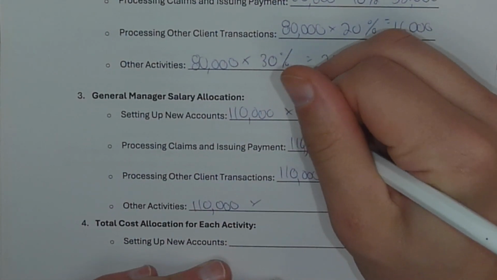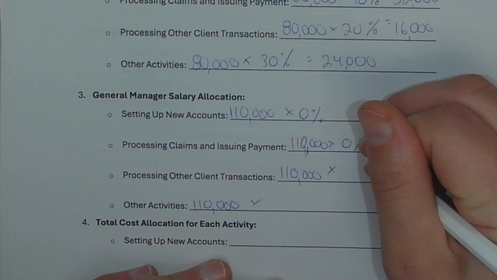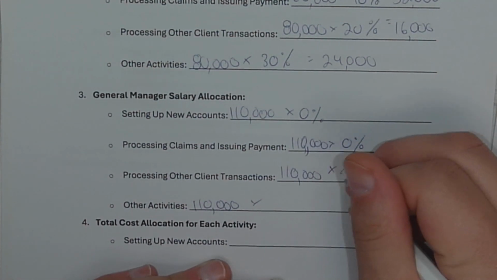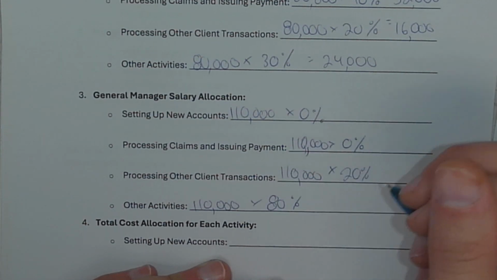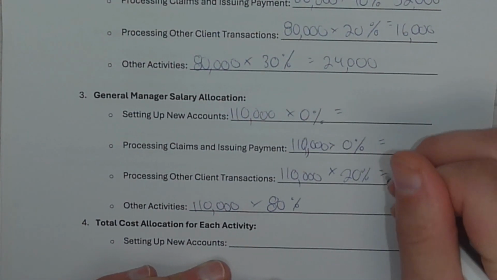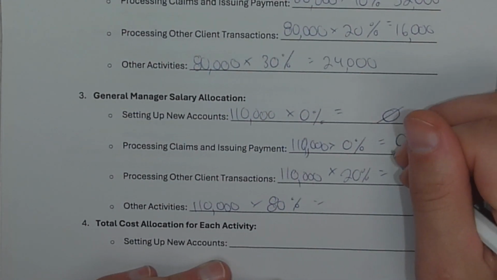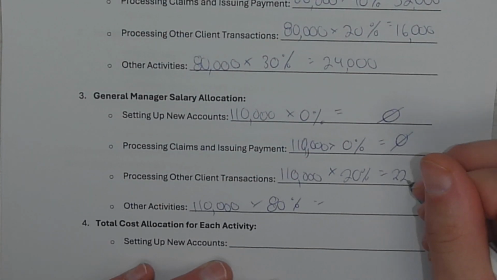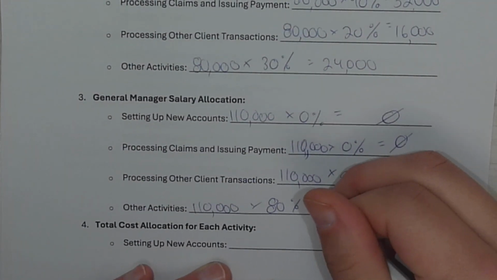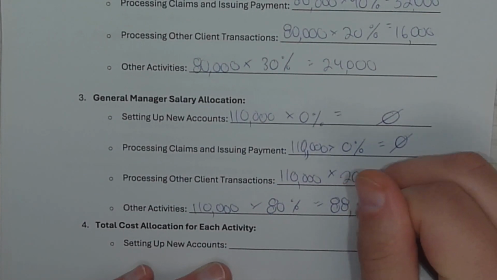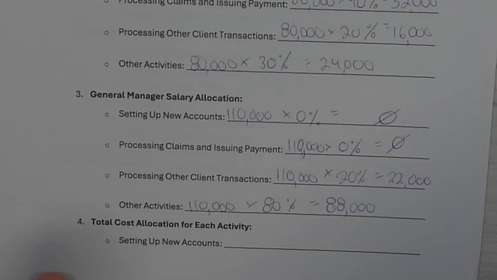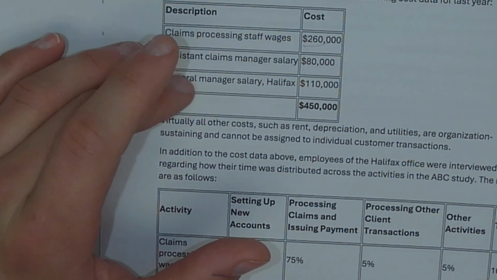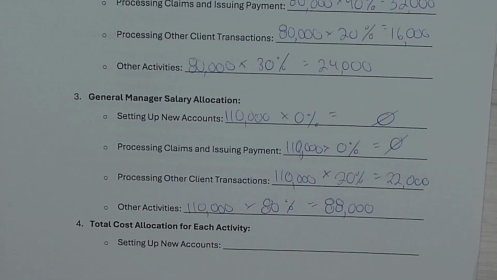And they told us that 0% is spent here, 0% spent here, 20%, and 80%. And that leaves us with our three expenses, our overhead expenses, split based on activity.